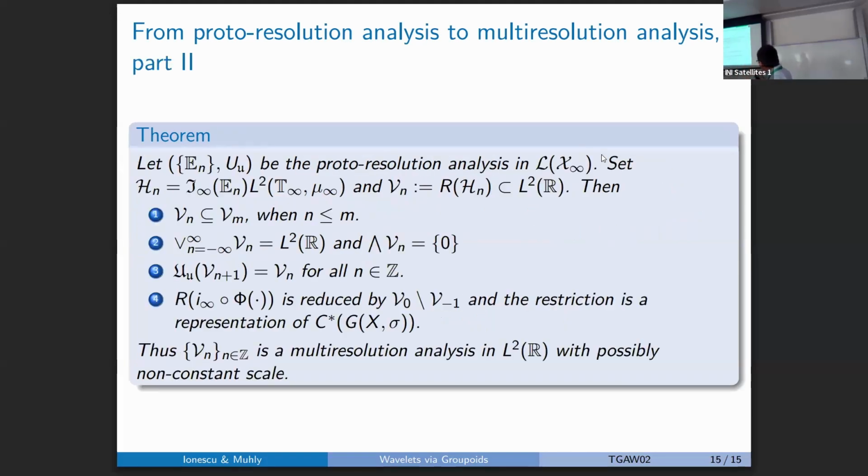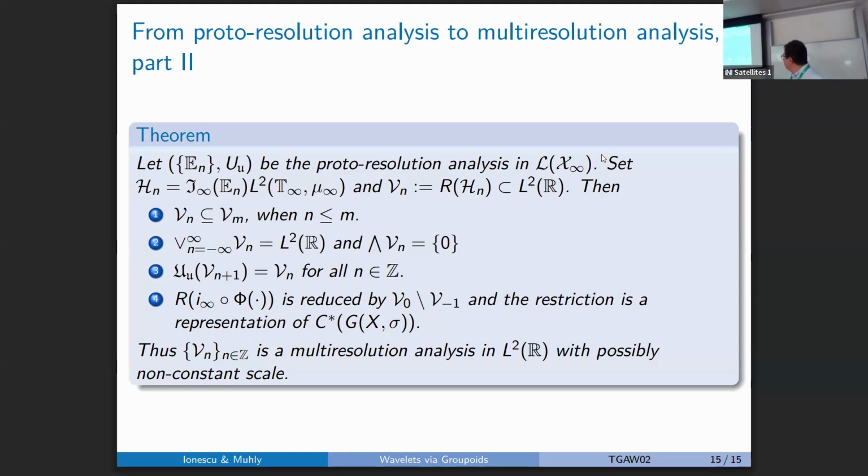We obtain a multi-resolution analysis on L2 of R. We have the proto multi-resolution analysis in the Hilbert C*-correspondence. We apply the induced representation that will be in L2 of T infinity. We move everything with the isometry R, we get to L2 of R, and here we obtain basically a multi-resolution analysis, so we get the property that the intersection is zero also.